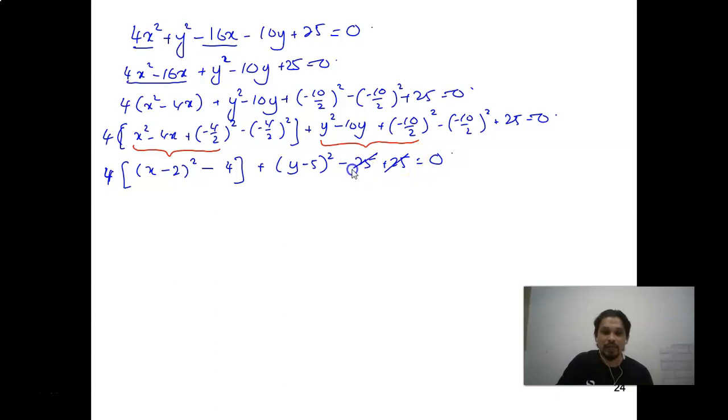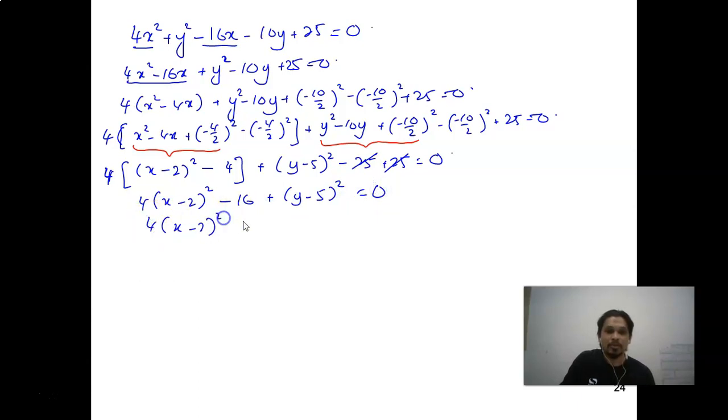So 25 minus 25, okay. 4 times (x minus 2) squared, and 4 times negative 4, which is negative 16, plus (y minus 5) squared equals 0. Then 4(x minus 2) squared plus (y minus 5) squared equals 16.